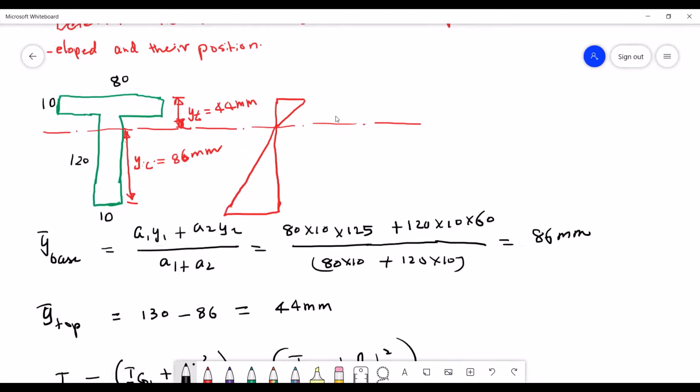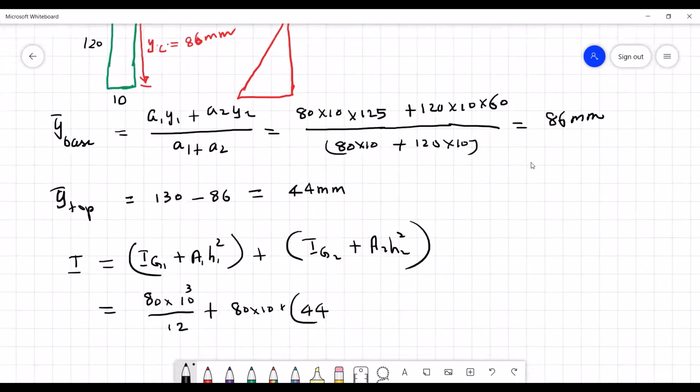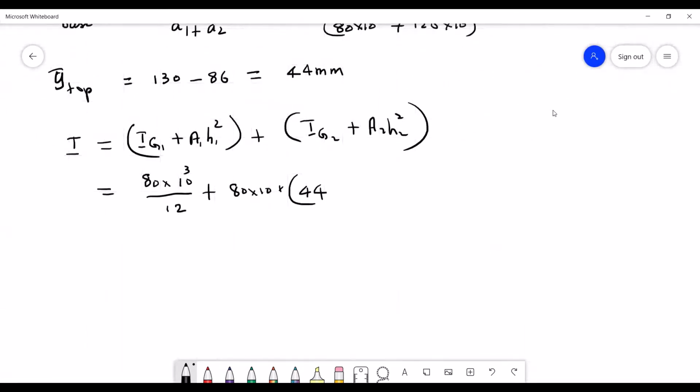So this is the difference between YT and the center of that particular section. That is 5. So here we will minus 5 raised to 2, and this is the first section.